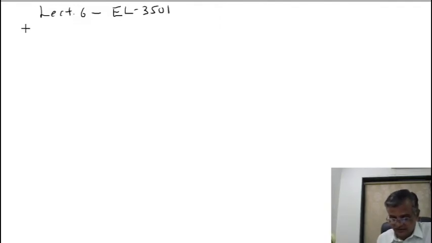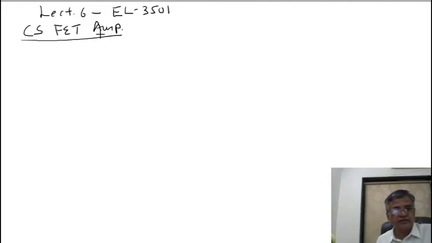In the last lecture, we discussed the common source FET amplifier. In this topic, we analyzed the amplifier. To analyze the amplifier means to know the value of voltage gain, input resistance, output resistance, and so many things.